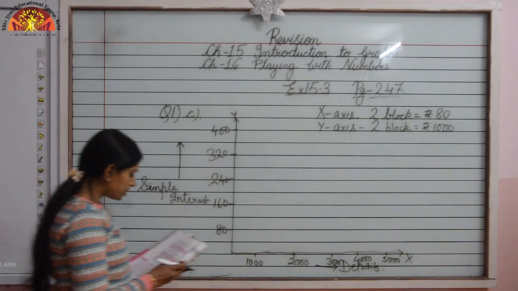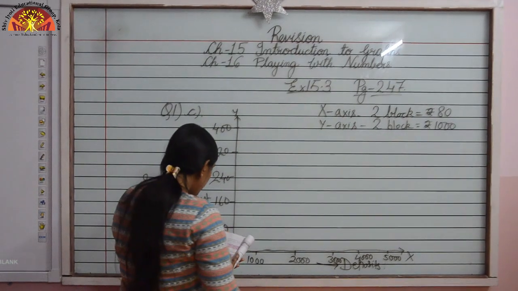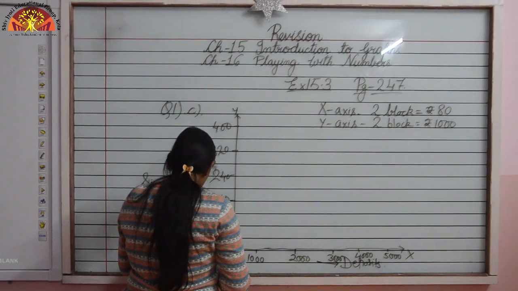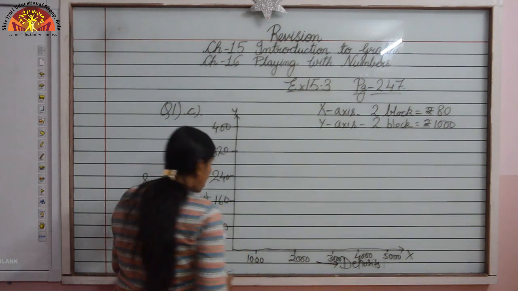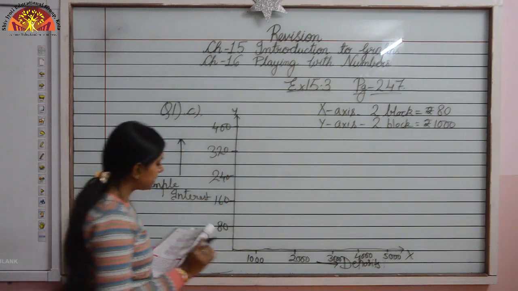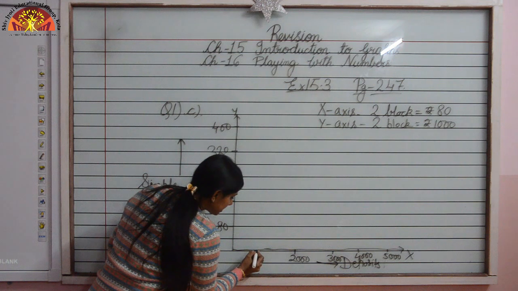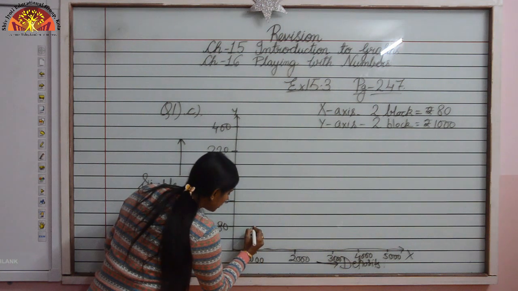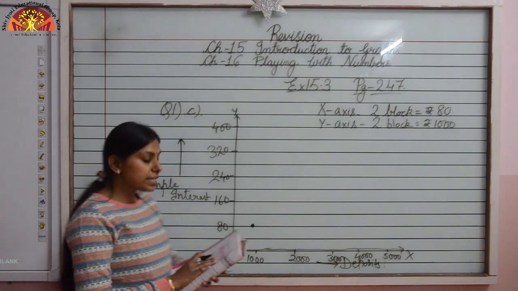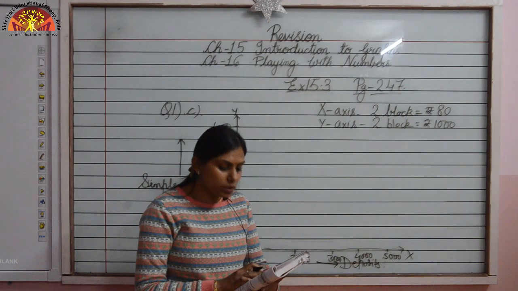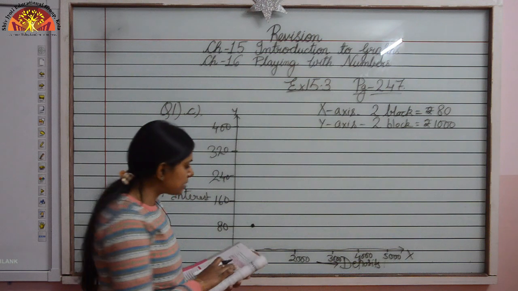Okay, now you have to plot the graph. First of all, for deposits of rupees 1000, simple interest is rupees 80. So the first point is 1000 on the x-axis and rupees 80 on the y-axis. Now the second one: for deposits of rupees 2000, the simple interest is rupees 160.